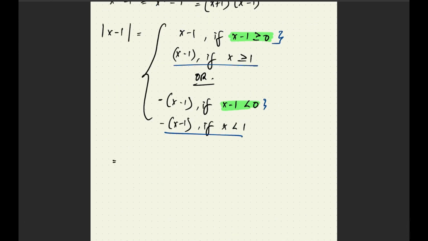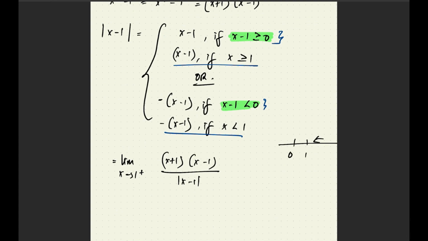So now the limit as x approaches 1 from the right-hand side of (x plus 1) times (x minus 1) divided by the absolute value of x minus 1. When we approach 1 from the right-hand side, if you have your number line here, this is 0 and this is 1. So we are approaching 1 from the right-hand side. That means the x value is slightly greater than 1.